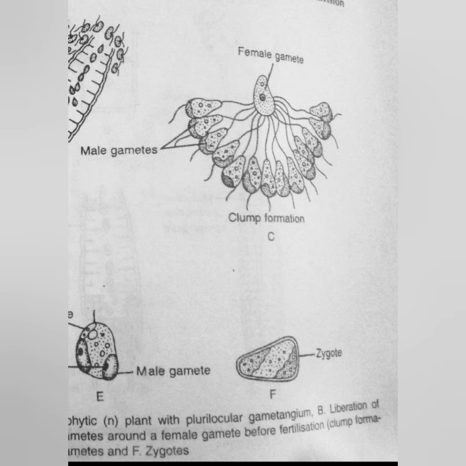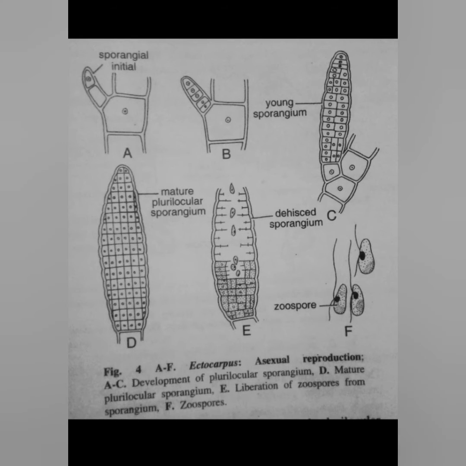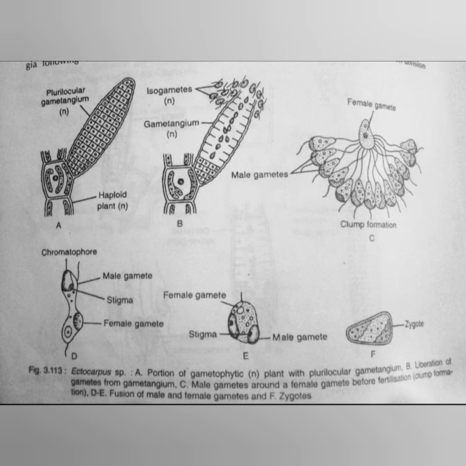Now let me show you. These gametes are similar to the zoospores, but they are much smaller in size as compared to the zoospores which are formed in the plurilocular sporangium. The development of plurilocular gametangia is alike with the development of the plurilocular sporangia, so I will not explain the development again.